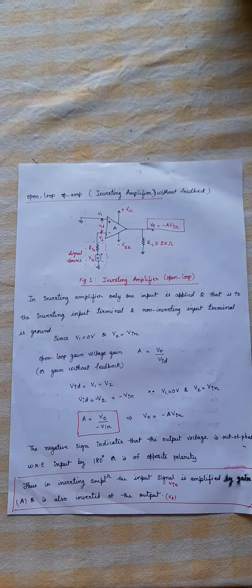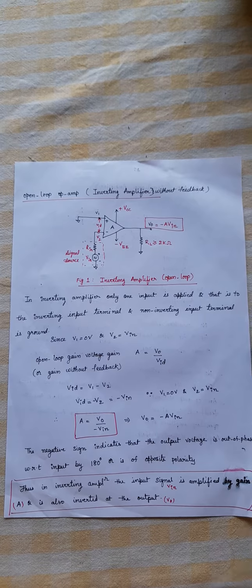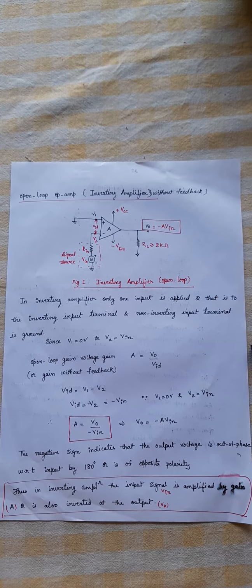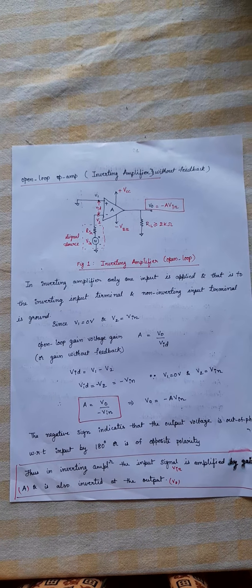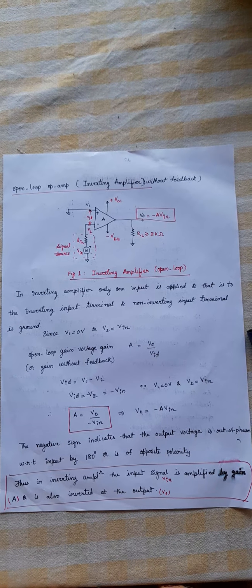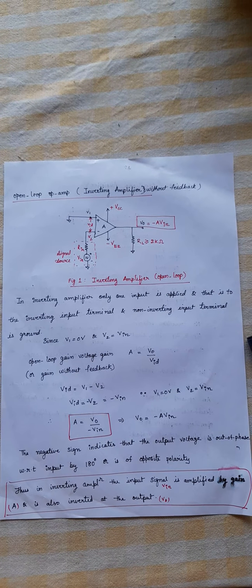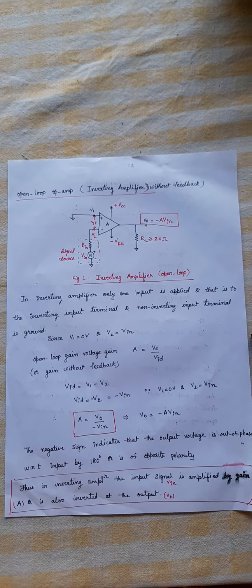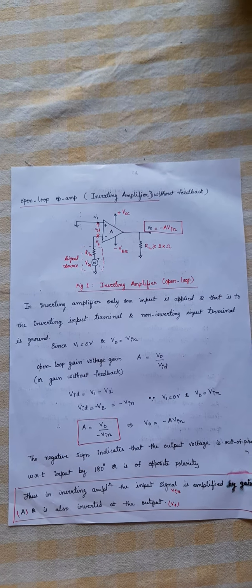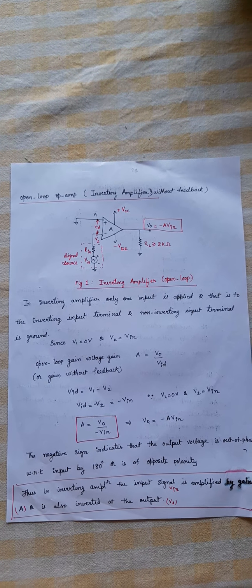So what we can conclude from this derivation is, in an inverting amplifier, the input signal is amplified by gain times A and is also inverted at the output. So what is an open loop inverting amplifier? When the input is applied at minus terminal of the op-amp and output voltage is minus A times of Vin, it is an inverting amplifier in open loop configuration.